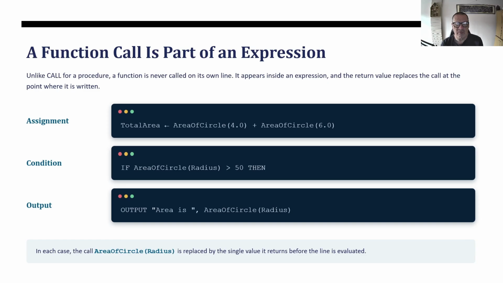So work out area of circle 4.0 first, replace that with the answer, then it will calculate the area of circle for 6.0, replace that with the answer, then add the two things together, and then assign that value to total area. And similarly for things like conditions and outputs, you just use it wherever you would use a normal value or a variable, you can substitute it for a function call.